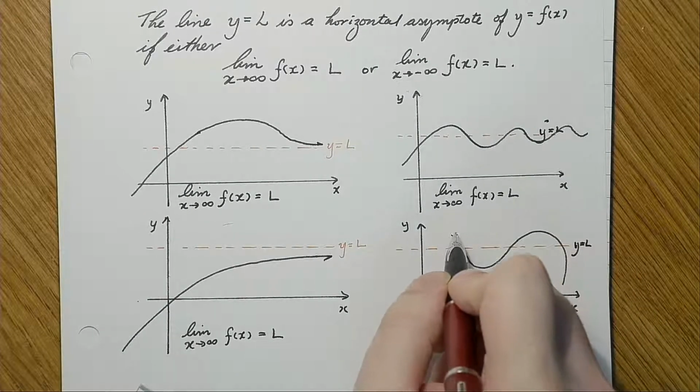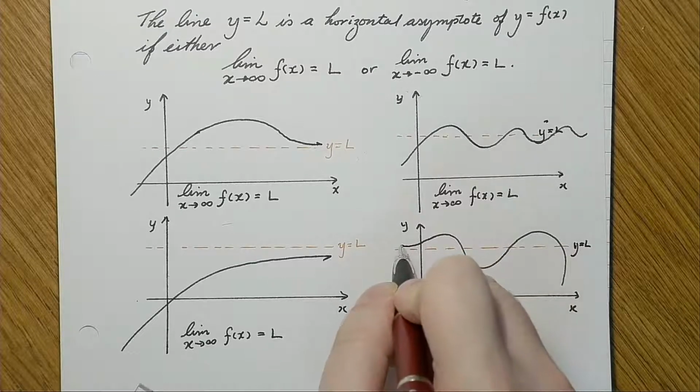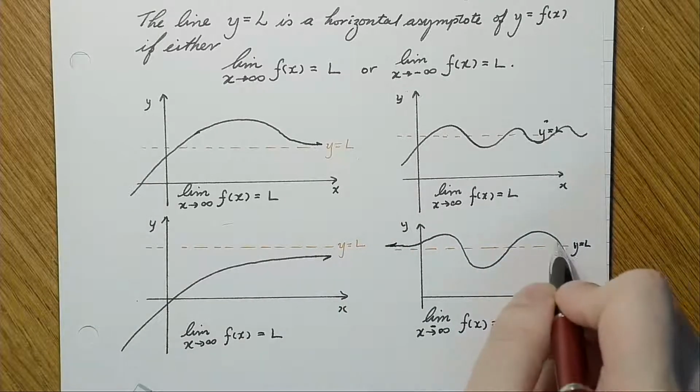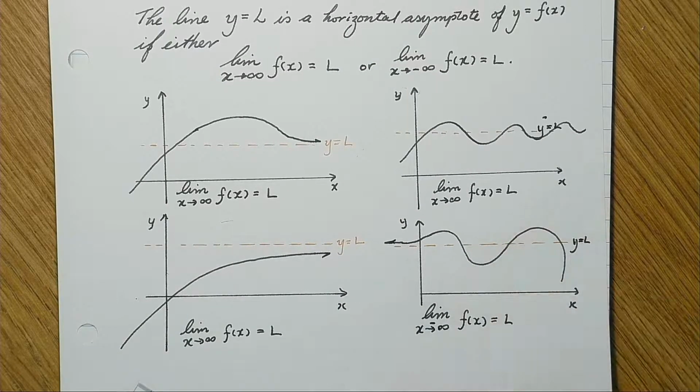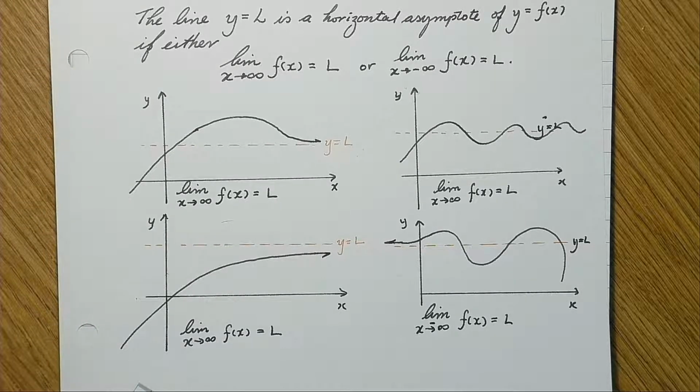And then at some point, it has to kind of approach it. Something like that. I gotta be careful with that, because that kind of looks like a vertical asymptote there, but yeah.